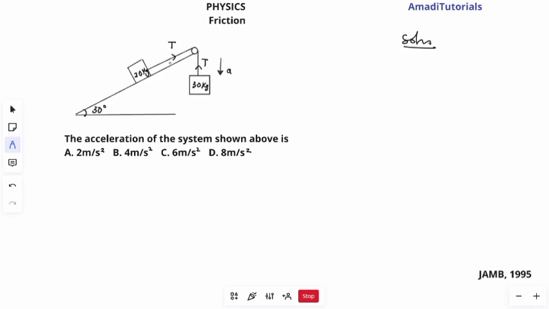So this 20 kg is trying to pull it towards the downside of the left, towards this side. That's the frictional force. The friction between this mass and the inclined plane is trying to oppose that motion.